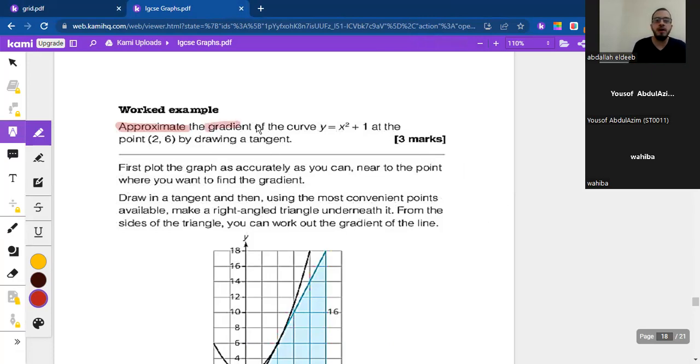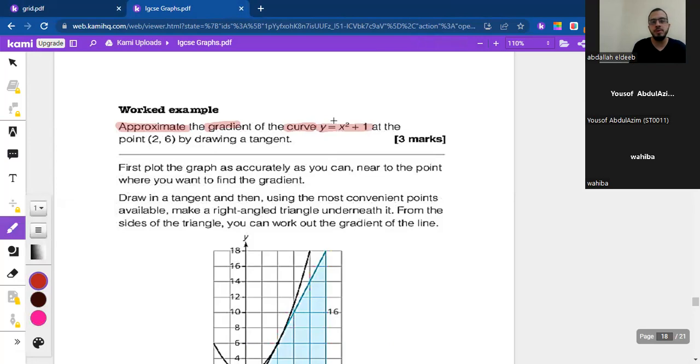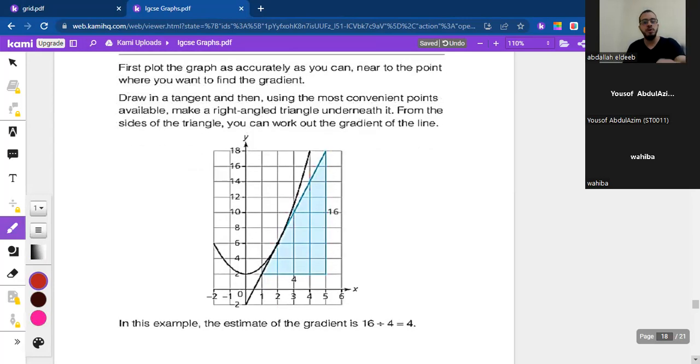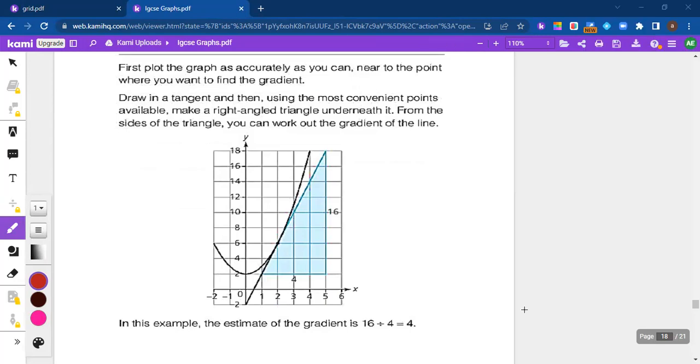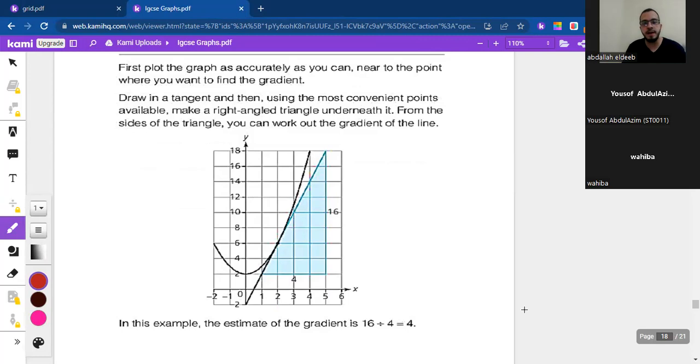Find the gradient of the curve y equals x squared plus 1. First step, you have to graph the curve. And here it's already graphed for you. This is the graph of the curve x squared plus 1.